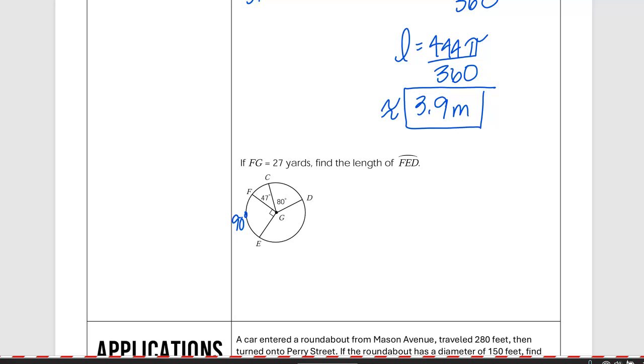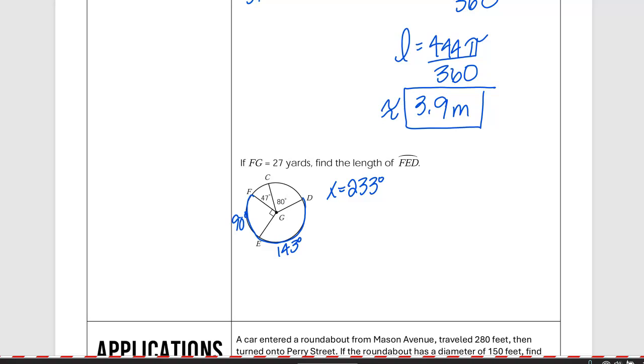So it is, sorry, 43 degrees, or 100, oh gosh, 143 degrees. Okay. So FED, this whole thing is 90 plus 143, which is 233. So we have X is 233 degrees.